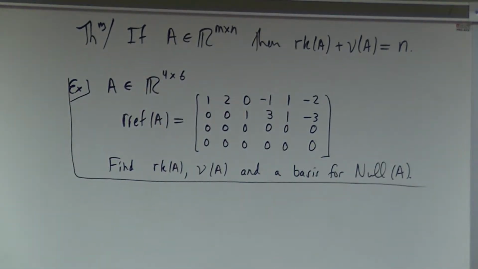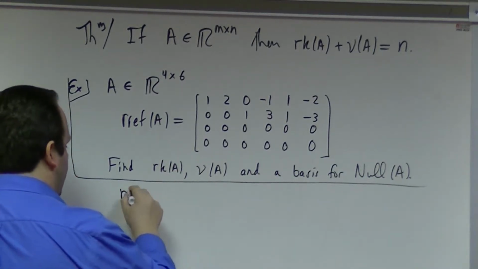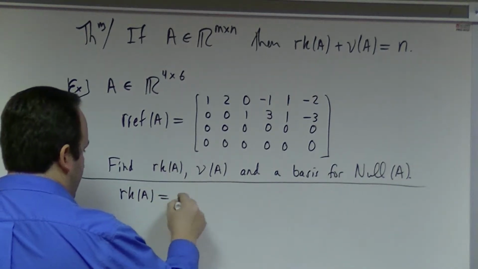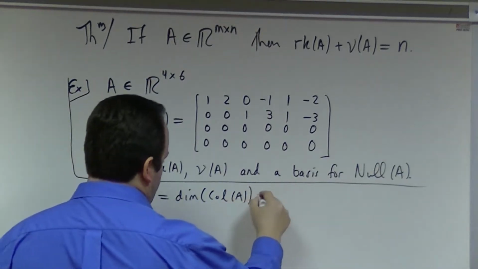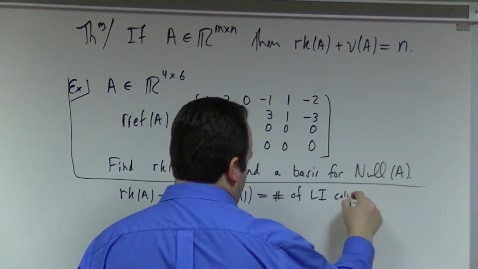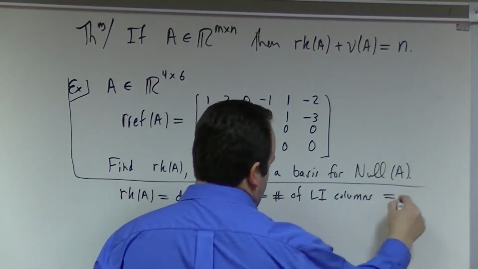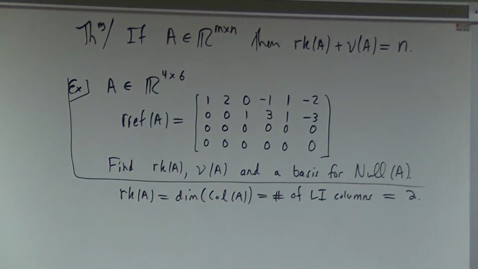The rank is the dimension of the column space, which is the number of linearly independent columns. That is 2 here because there are 2 pivot columns. That means the nullity is 4.